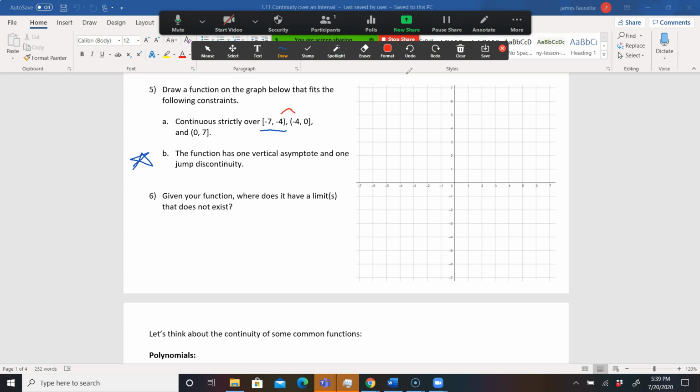Because if both one-sided limits are approaching either positive or negative infinity, the function is not going to be defined at whatever x value that vertical asymptote's at. So we need to look for intervals where the function's not defined at that x value, and that's where we're going to put our vertical asymptote.